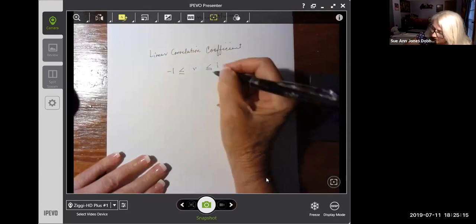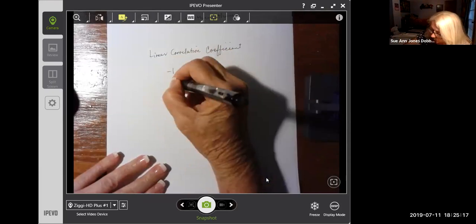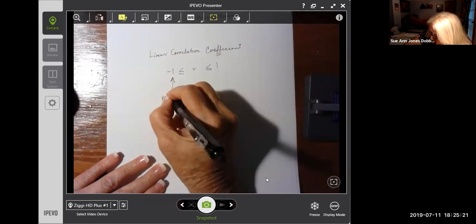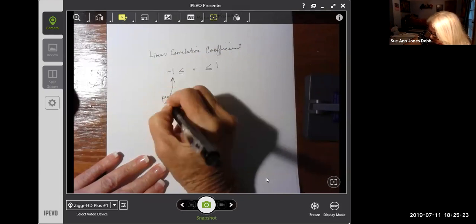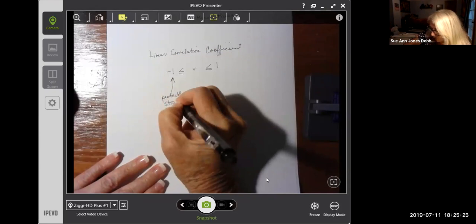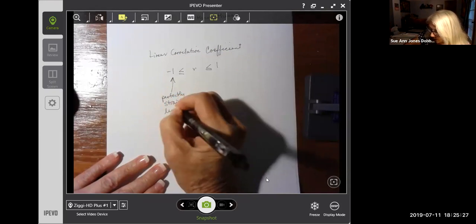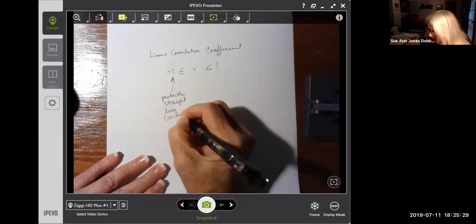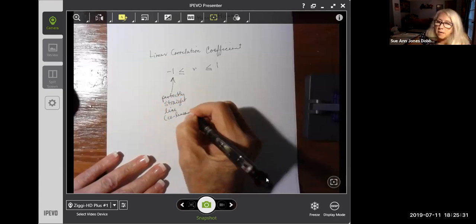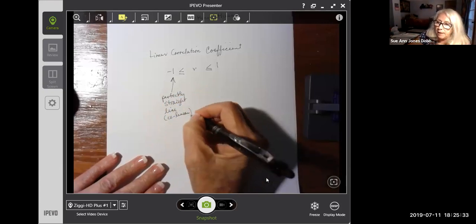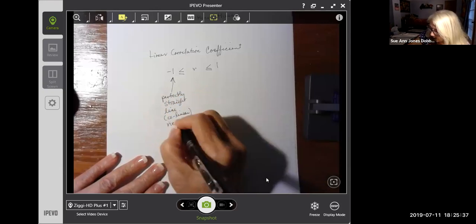If it is exactly equal to -1, it is a perfectly straight line. And really the word I should be using is collinear. It's all of the points are collinear. And it has a negative slope.